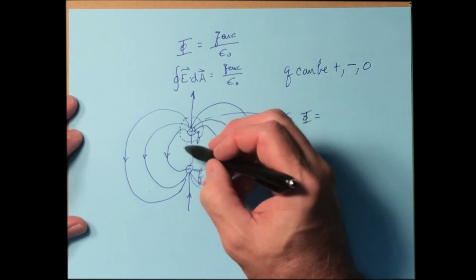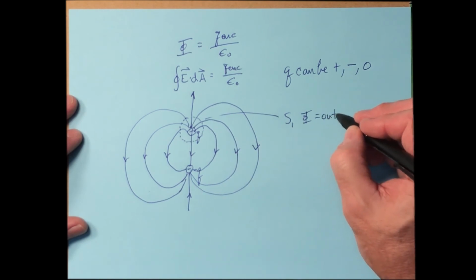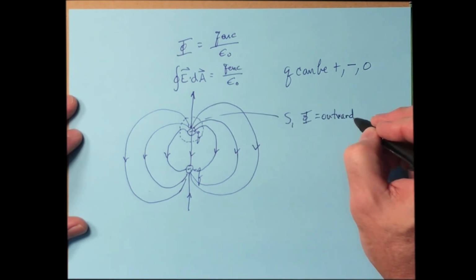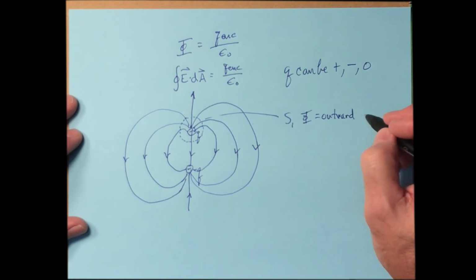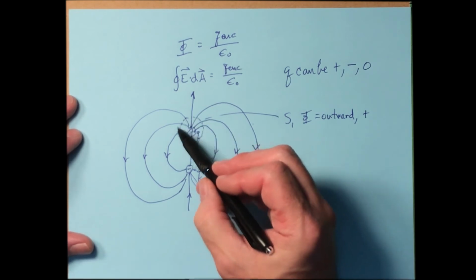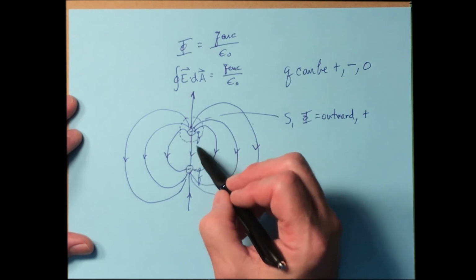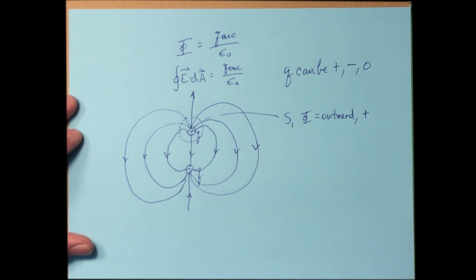Well, we can say a few things about the flux. First of all, it's all outward. If it's all outward, what's the sign going to be? It's positive, because we are enclosing a positive charge here, the net flux is outward. It is all leaving the Gaussian surface.